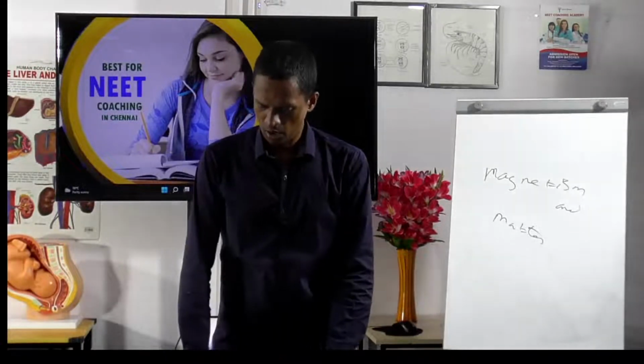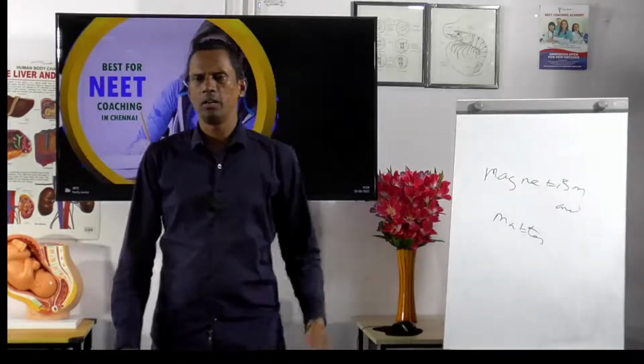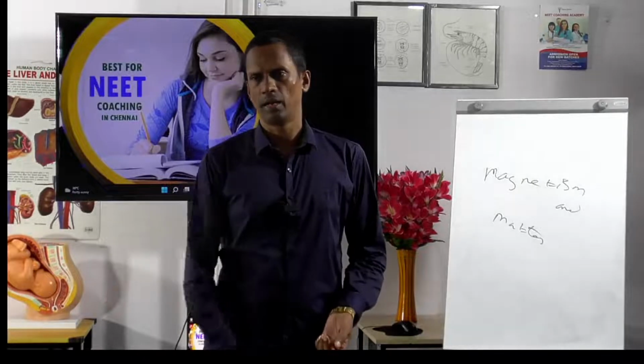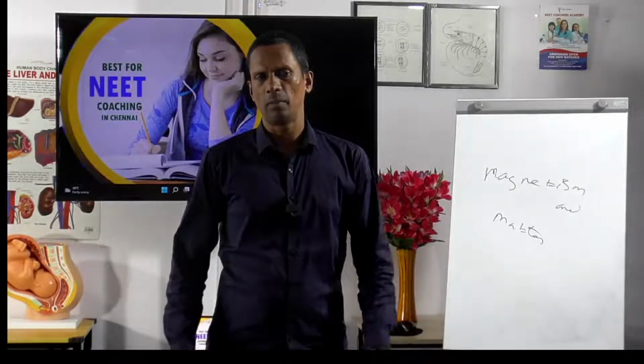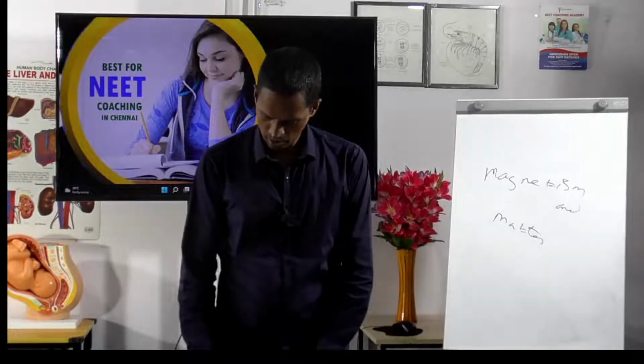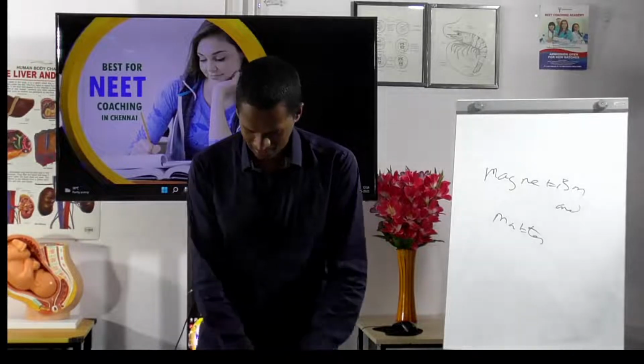And then we go for magnetic properties. I already told three types of magnetic property: paramagnetic, diamagnetic, ferromagnetic.